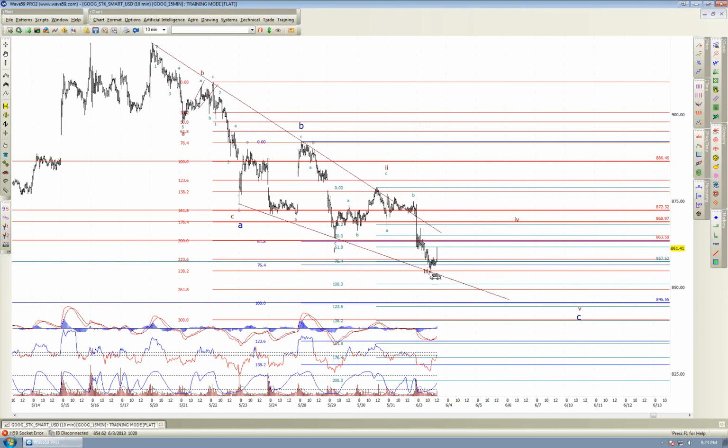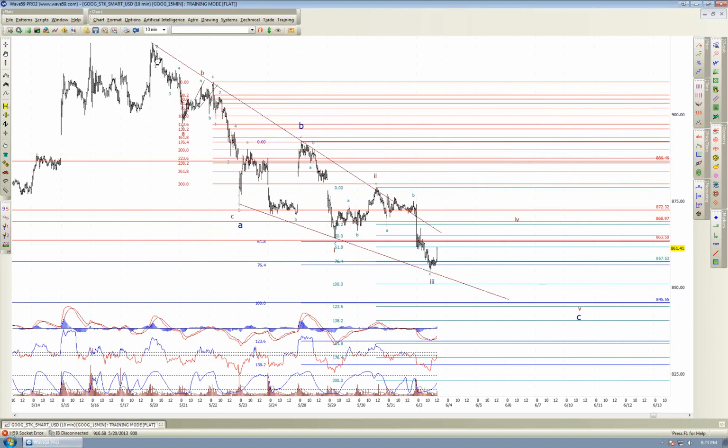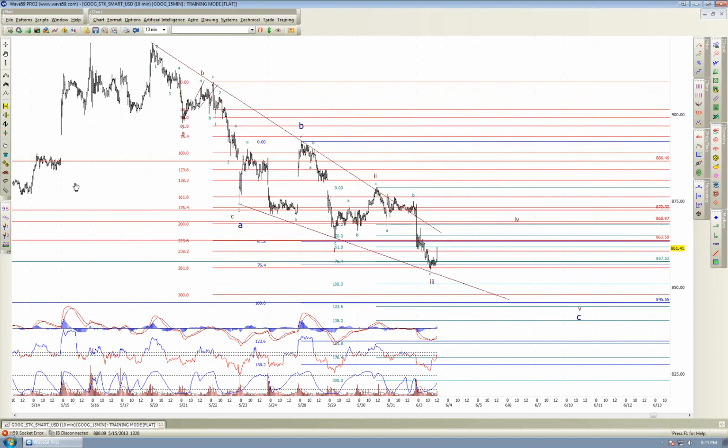So if you did take it at 764, didn't catch the exact bottom, absolutely nothing wrong with that. But from the looks of it, oops, that's not what I wanted to do. I don't even need these fibs anymore.